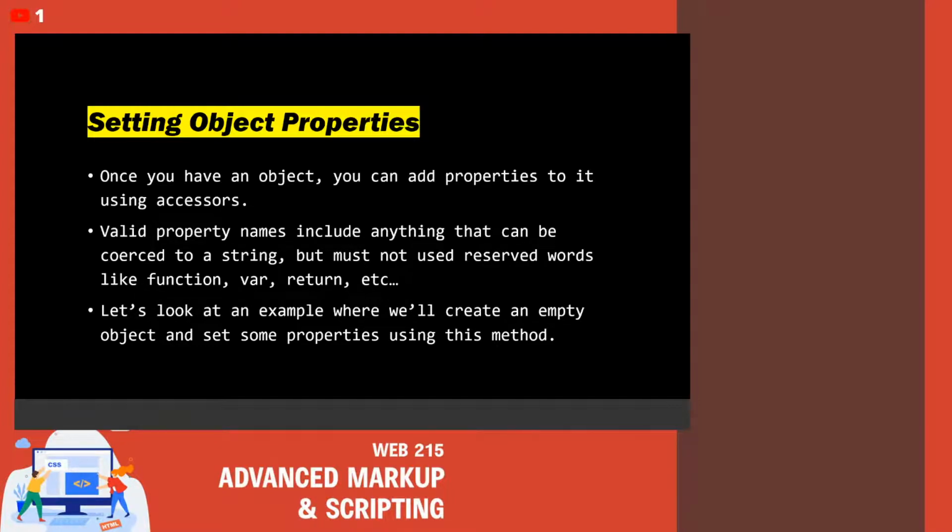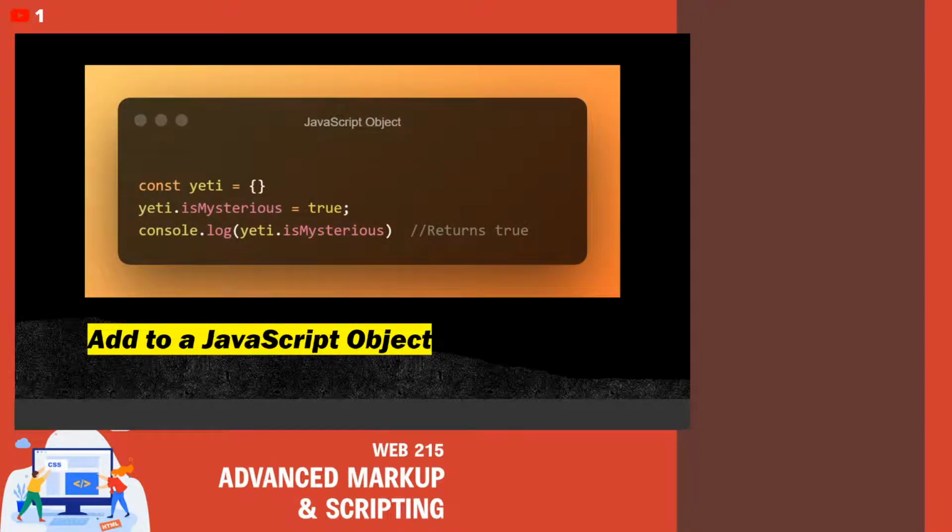And we can also change properties in a similar manner. Right? So let's look at an example here of what we can do. In this example, we have nothing in our Yeti object.